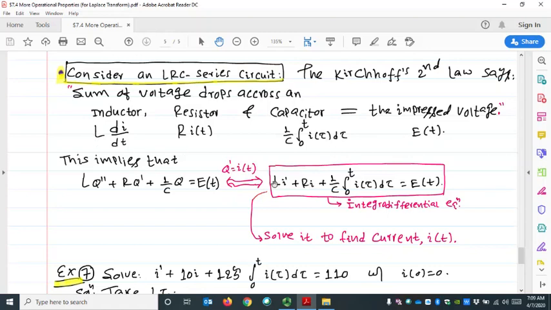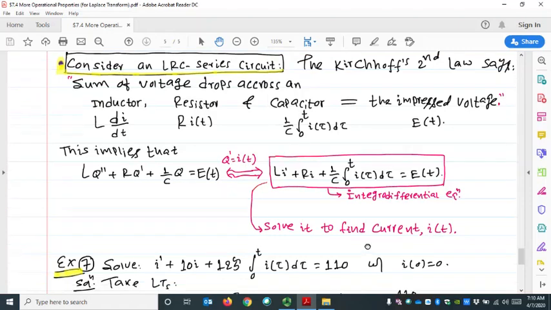So this gives us L times I prime plus R times I plus 1 over C times the integral from 0 to t of I tau d tau equals capital E of t, where L, R, C are constants. We call this equation an integral differential equation, and we need to solve it to find the current little i of t.